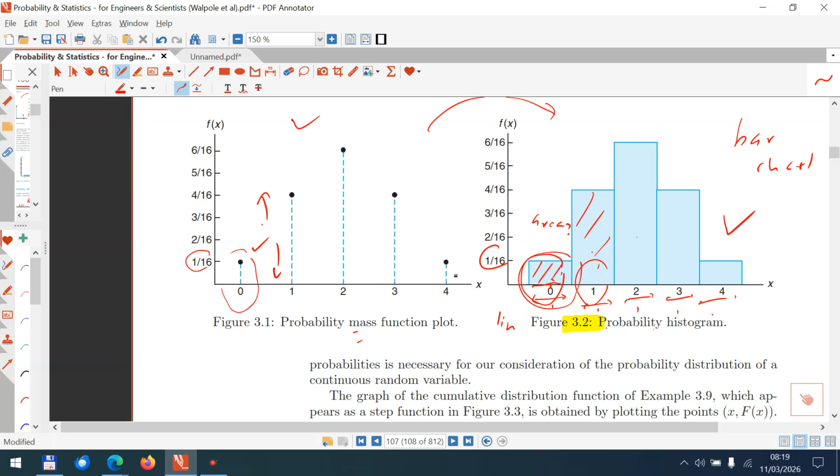Now let's discuss the complication here. In these two plots, there was no issue. Why? Because the width of each interval was 1. So the advantage of that is that the area is the same as the height, right? But what if I make these intervals smaller and smaller? What will happen?